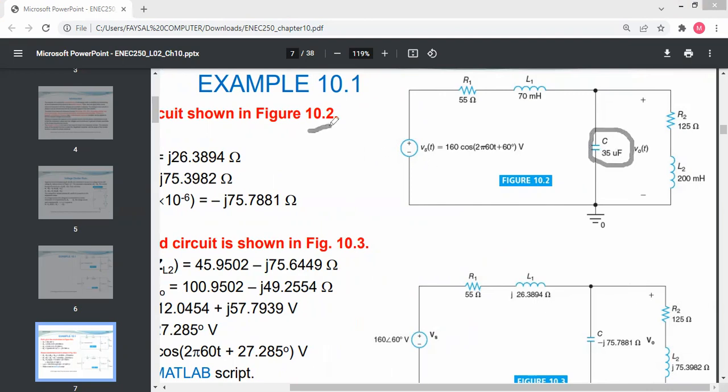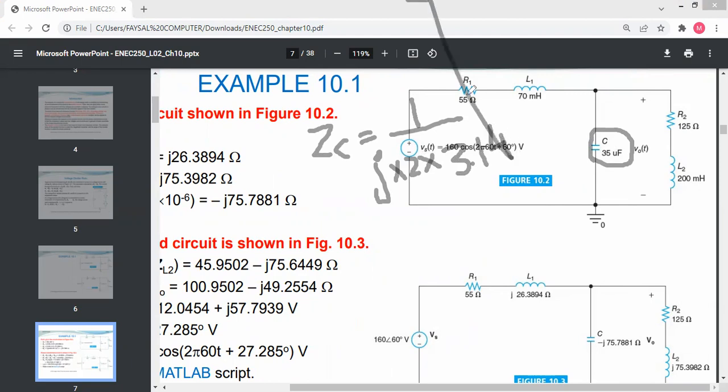So we can find the value of ZC, where ZC equals 1 upon j multiplied by 2, then pi value 3.14. Then after 2 pi 60, I have to multiply with 60, and with the value of C, 35 microfarad.